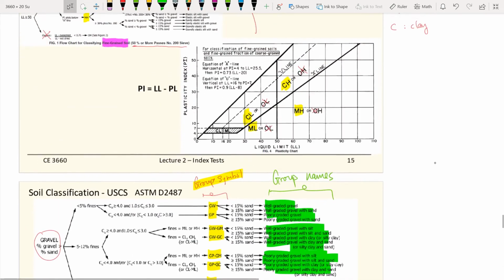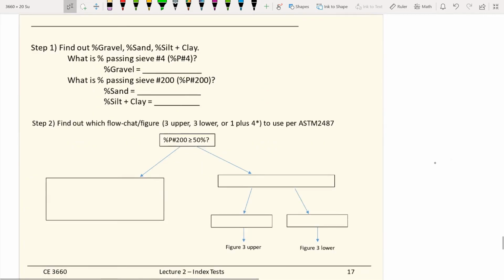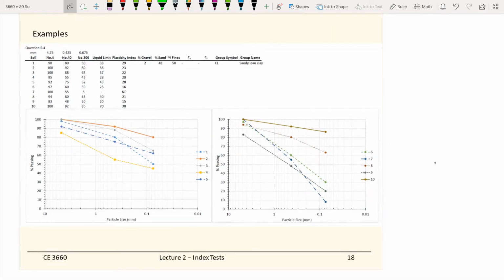In order to do our soil classifications, the expectation for this class is for you to be able to do both group symbols and group names, starting from the information given to you. Very likely, we'll give that in the examples.